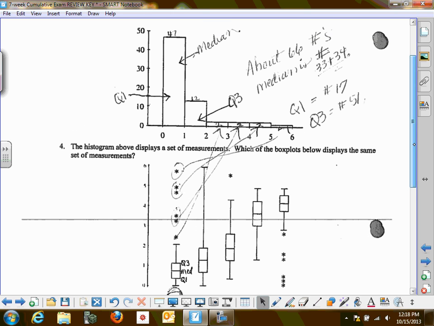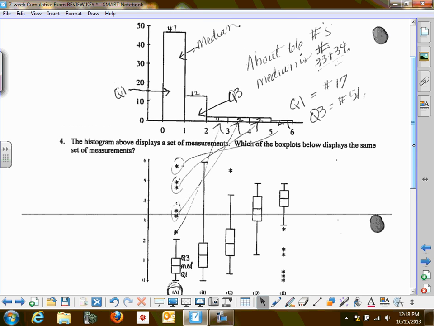I needed to find out where the items were, like where the median was. That's what I found first. I approximated how many items there were. I actually think my numbers appear to be a little off, but in any case, I came up with about 66 items.